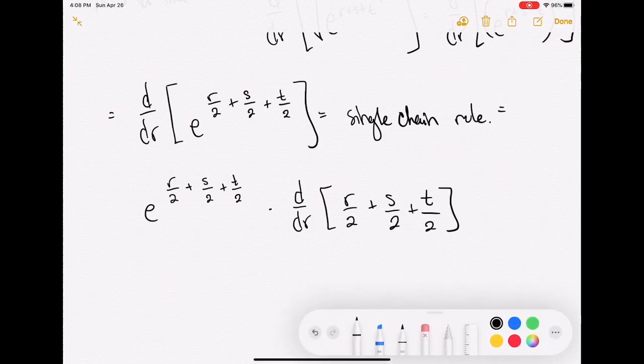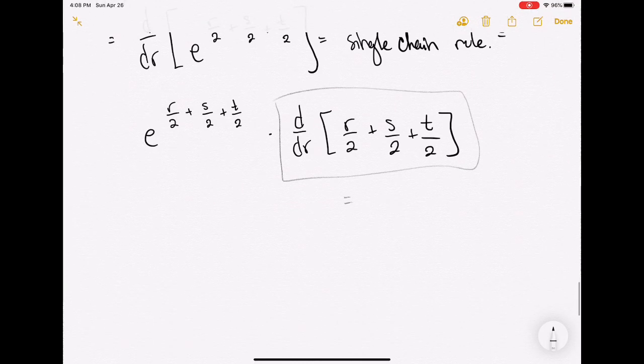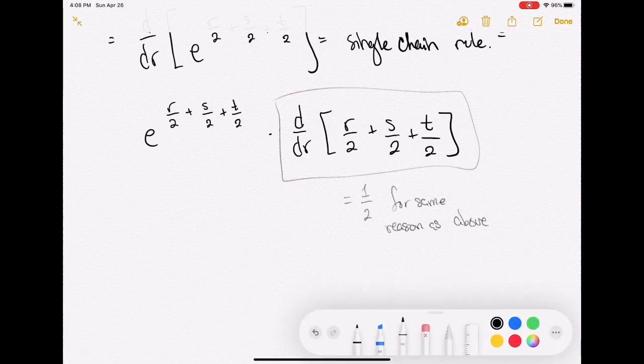Well, this is just 1/2 for the same reason as the other one was 1. Right, s over 2 and t over 2 are just numbers. So that equals 1/2 there.